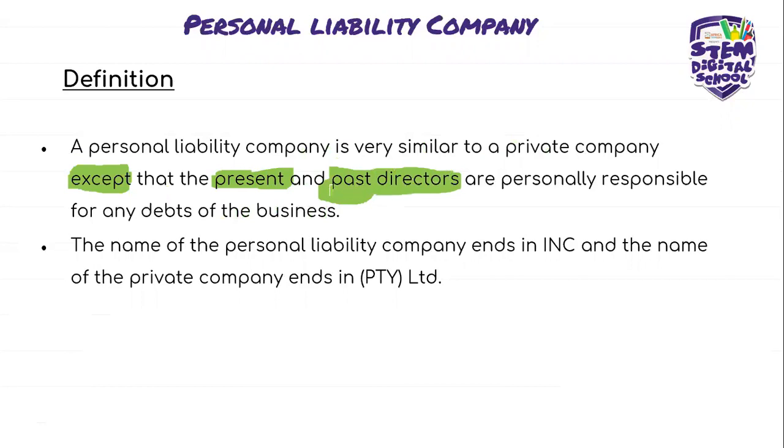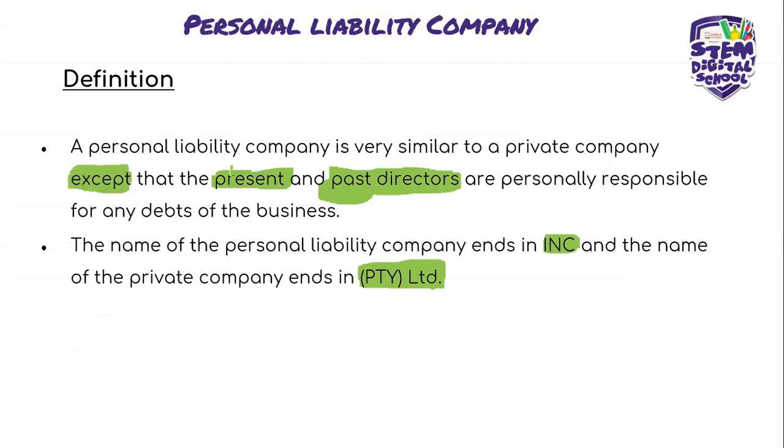Right. The name of the personal liability company ends with an INC, basically. Right? And the name of a private company is Pty Ltd, which stands for Private Company Limited. Ltd stands for limited, Pty is basically private.